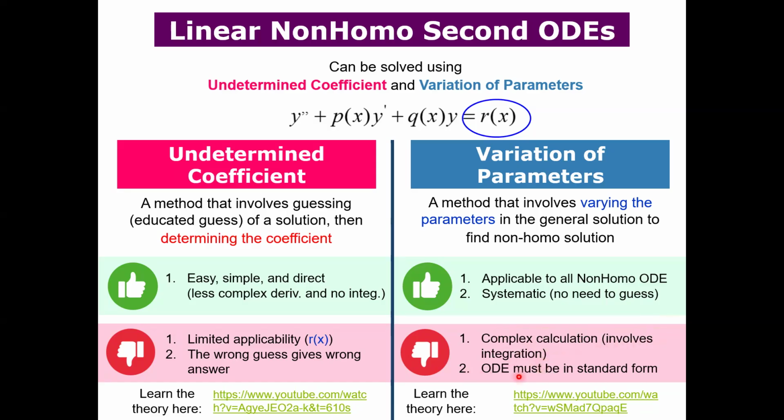The second con is that the ODE we are solving must be in standard form. If we forget to convert it into standard form, then the answer will be wrong. I will not be covering the theory because I want to simplify the lecture. If you want to know more about the theory of both methods, you can go to the link that I've given here.